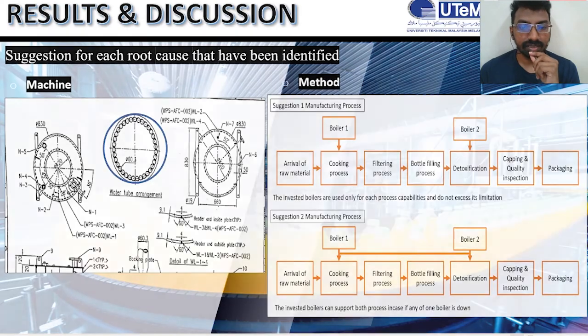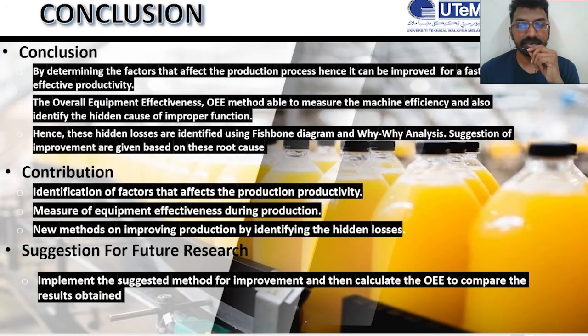As a conclusion, this project is able to fulfill the objectives mentioned, which are to identify the factors affecting the productivity of the manufacturing process, then to measure the effectiveness of the equipment using OEE, and finally to suggest improvements based on the root cause by Why-Why analysis and fishbone diagram analysis.